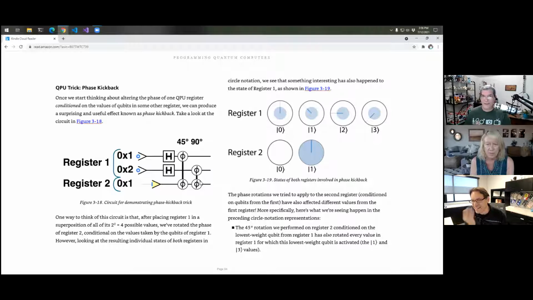Well, again, we're talking relative phases. So if register 2 is a 1, right, has a value of 1, or 100% chance of being 1, there's no superposition on register 2. So since we're talking relative phase, it doesn't matter, because since the 0, it kind of doesn't have a phase because there's no chance of it being the value.